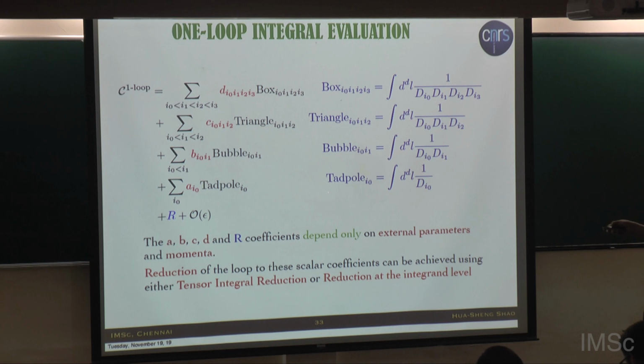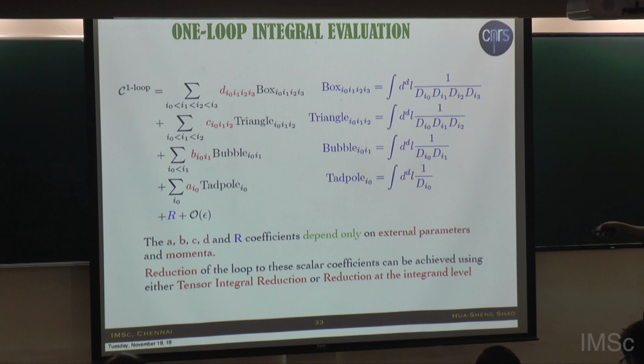So in general, similar to what we had in the previous example, any one-loop amplitude can be expressed in some basis. The basis goes up to the box in the one-loop case. So the box integral, but the scalar integral. You see that the numerator is 1 right now, okay? But there are 4 propagators, 3 propagators, 2 propagators, and 1 propagator, plus some rational terms.